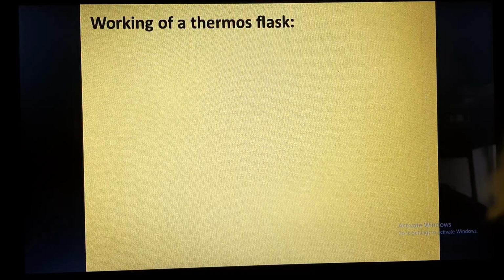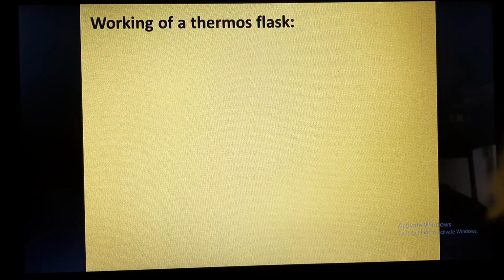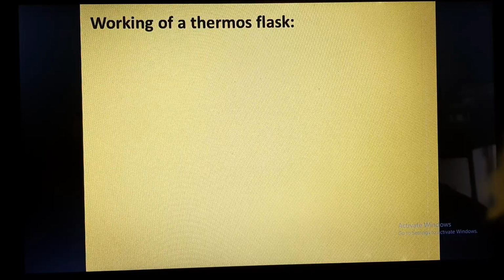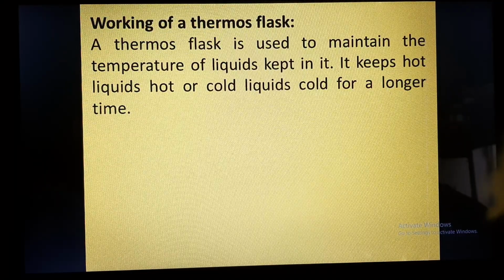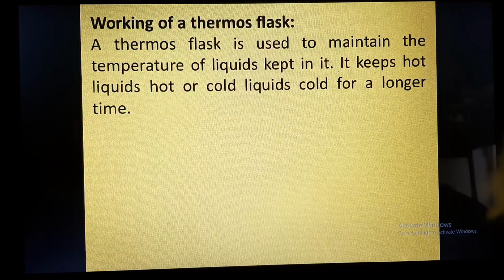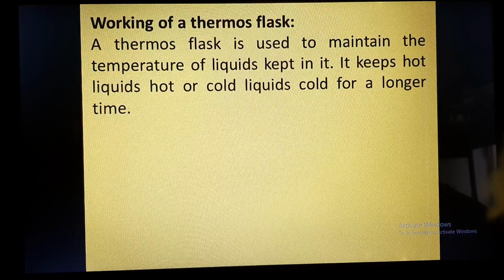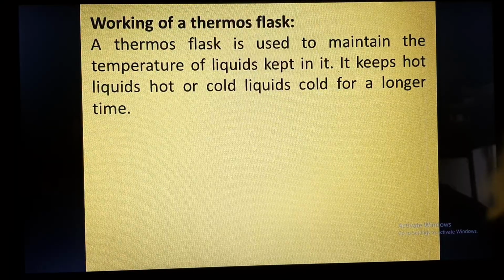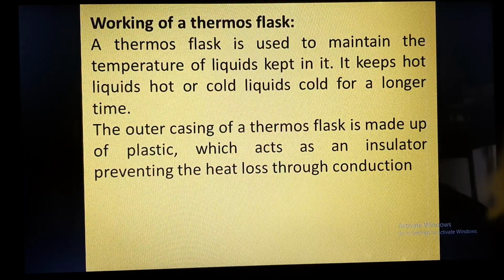The thermos flask, which you generally must have used in your home, works on the phenomenon of radiation. A thermos flask is used to maintain the temperature of liquids kept in it. So if a hot liquid is kept inside the thermos flask, it will remain hot, or if a cold liquid is there, it will remain cold for a longer duration of time.